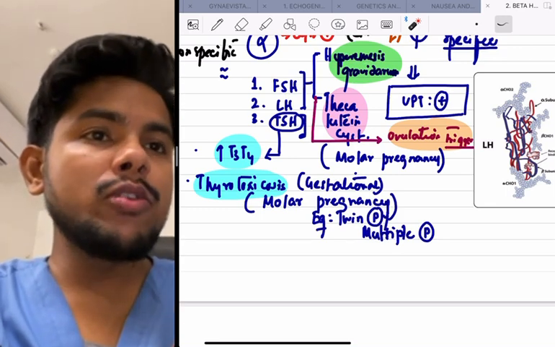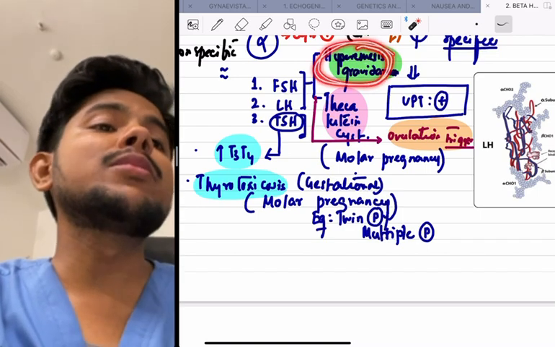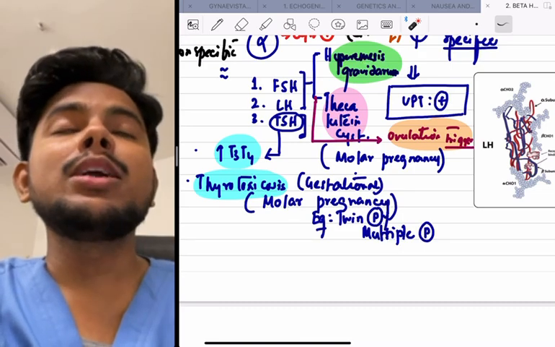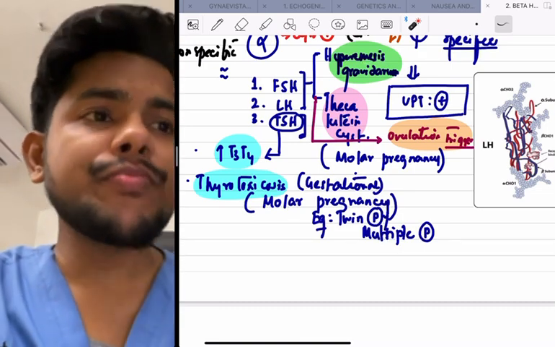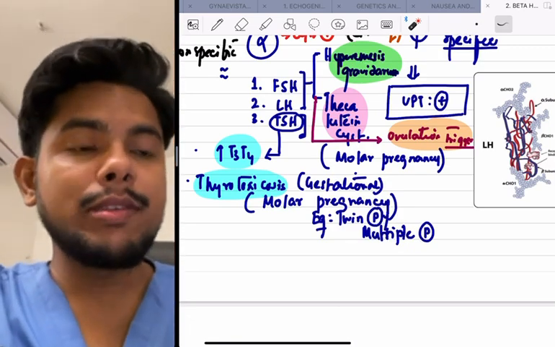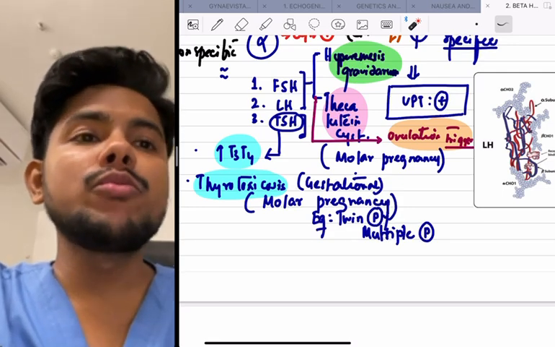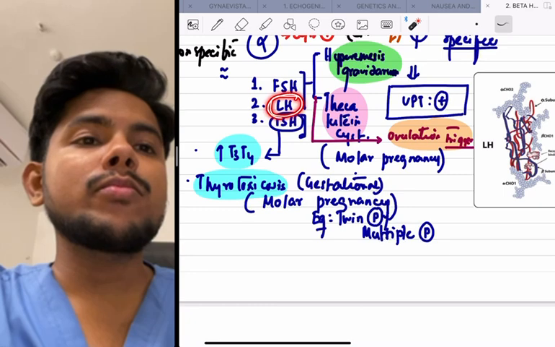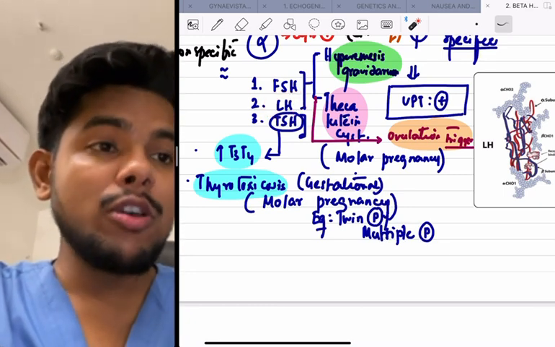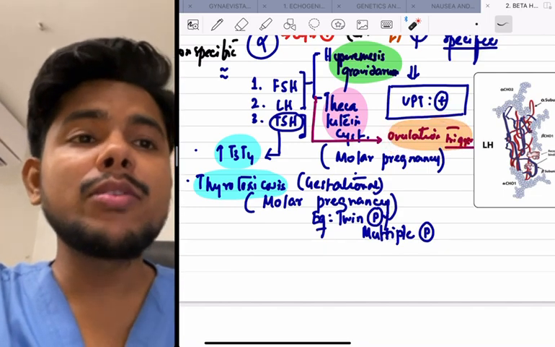Then because of the similarity with these two gonadotropins, it also leads to hyperemesis gravidarum, especially again if the beta hCG level is very high, as in case of multifetal gestation and molar pregnancy. Then because it has got similarity with the alpha subunit of LH, luteinizing hormone, it is used as an ovulation trigger as well. Am I clear with this?